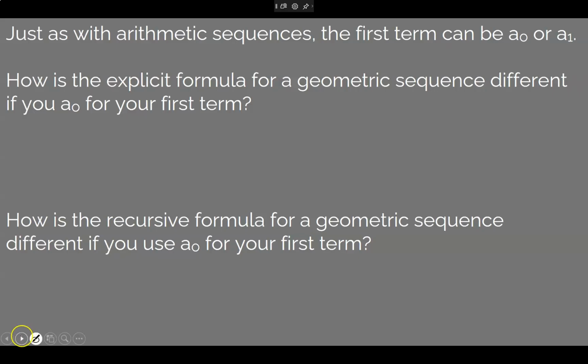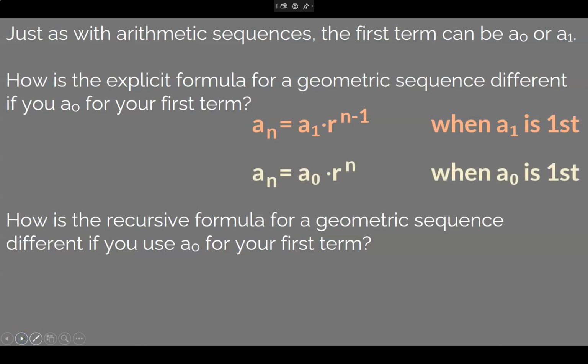So, if we have A1 being first, we're going to use what we just wrote. Now I also know that if I have A0 representing my first term, like the situation of the bungee jumper, then we can use A0.